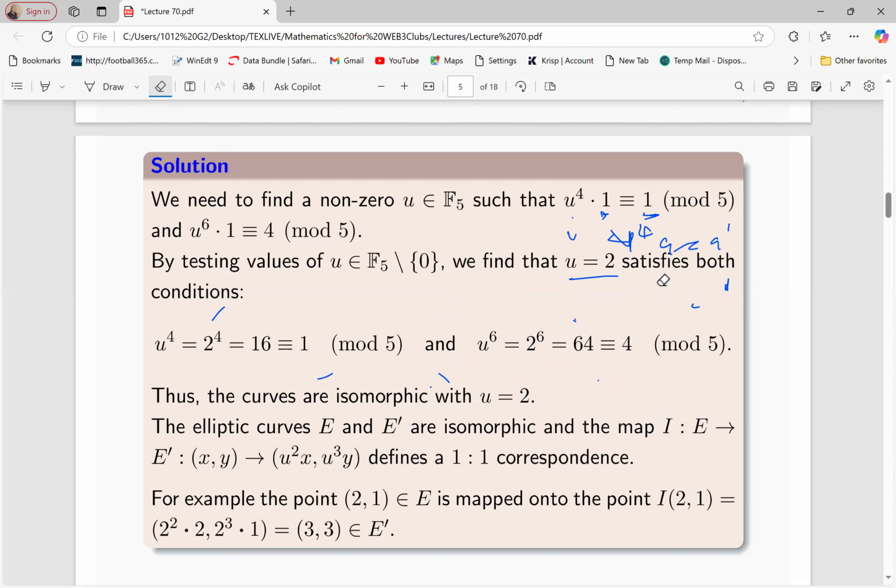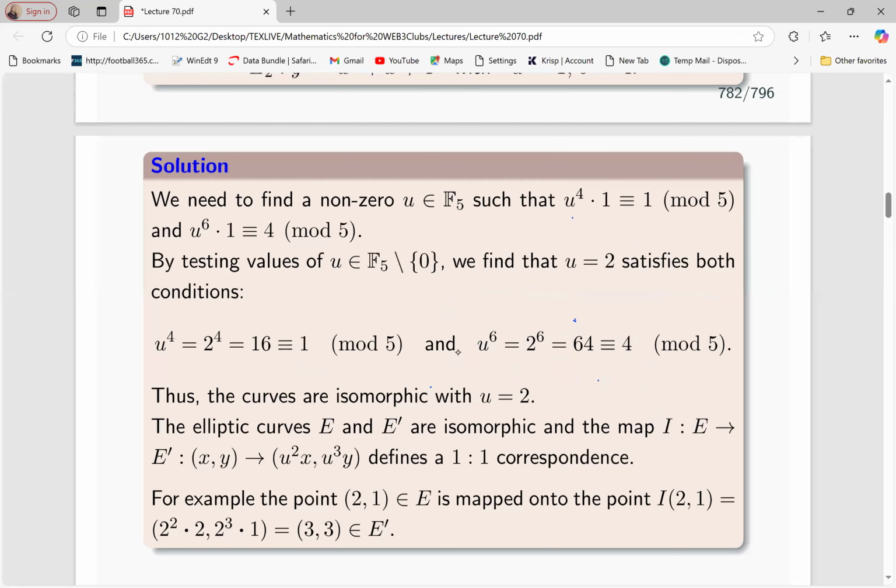The list of those u's. If the u exists, there are cases where the u will not exist. And if that u does not exist, then we say that the elliptic curves are not isomorphic. So we say, therefore, the curves are isomorphic because we obtain u to be 2.